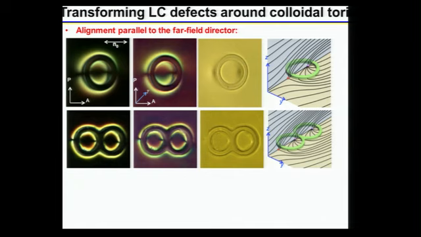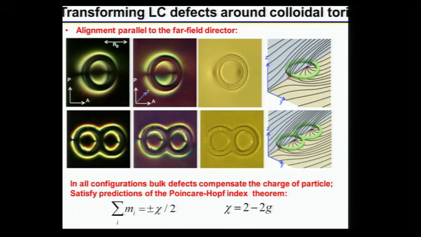And so here, for example, I show what happens when the particles of different genus are aligned with their ring planes parallel to the far-field director, and you can see the types of point defects that are being induced in this case. Now, if for all different particles of different genus we count the hedgehog topological charge corresponding to those point defects, we discover a relation that's very well known for mathematicians, right?